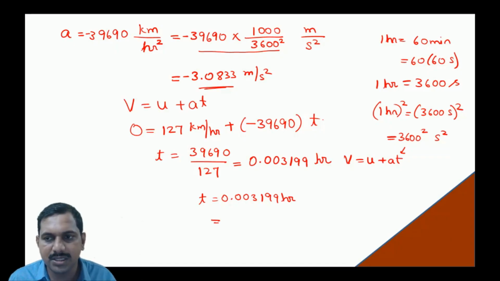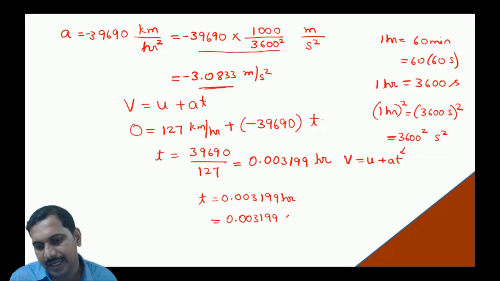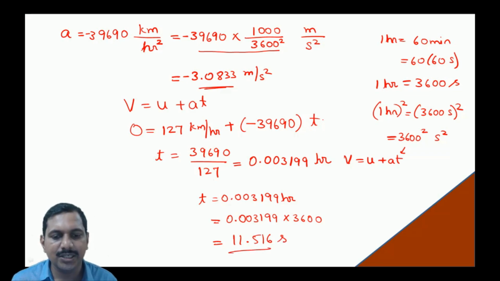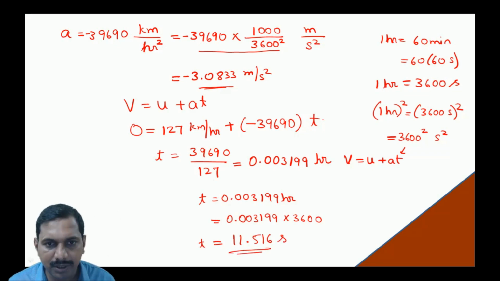But 1 hour is equal to 3,600 seconds. So we can write this as 0.03199 into 3,600. This comes out to be 11.516 seconds. So this is the total time taken.